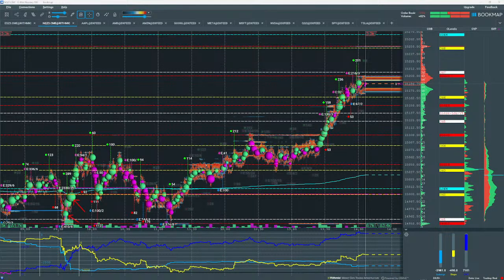So a quick move just after the cash open, and good for more than 2 points in QQQ, or probably close to 100 points in NQ. All right, let's go back to Hero now.